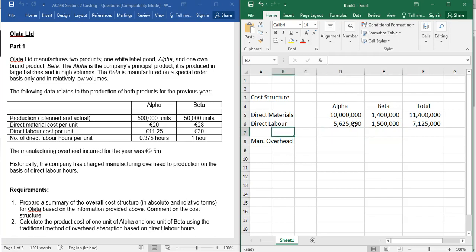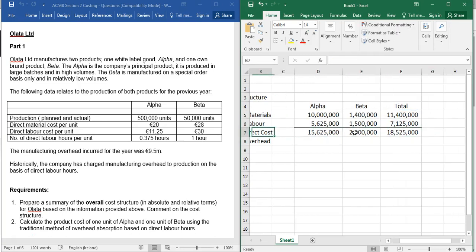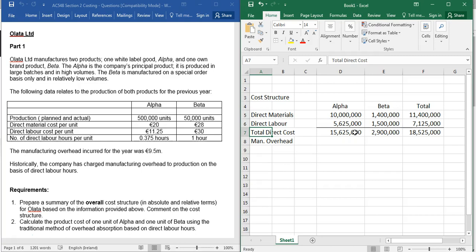So what we might do there is total direct cost as a subtotal to tell us, well, what's the total direct cost across each of the products. So the total direct cost there is about 15.5 million, which is just materials and labour added together, and it's 2.9 million for beta. So all you're doing is adding the two direct costs together. And similarly for the total direct cost for Olata as a firm is 18.5 million.